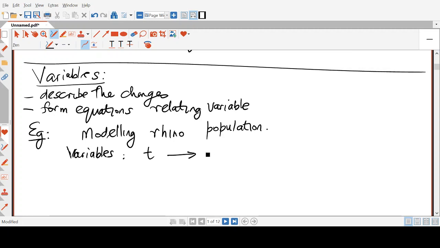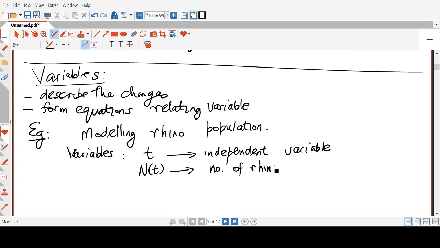So this is called the independent variable, T. You want to know what's the rhino population at time T, after 10 days or 100 days. N of T will be the number of rhino. How many? What is the population? N naught, this could be N of 0, is the initial population.